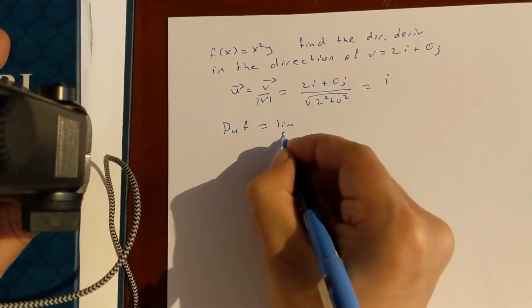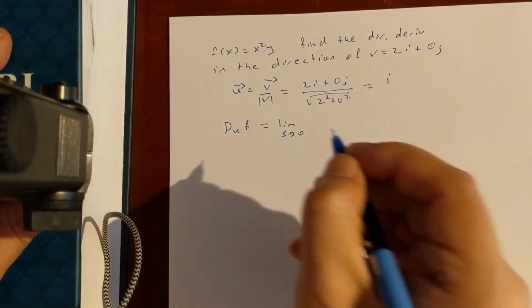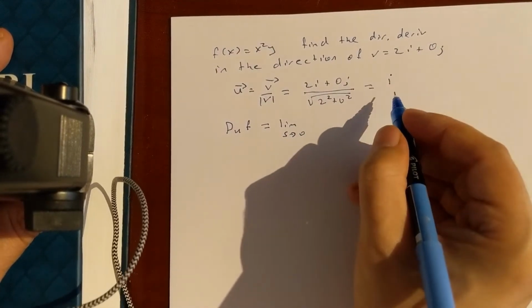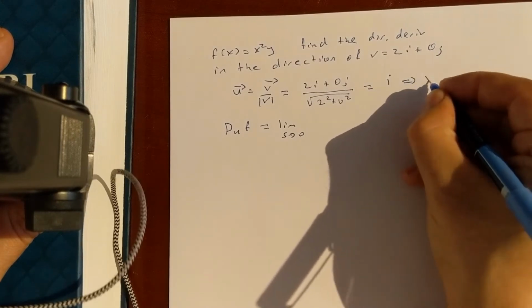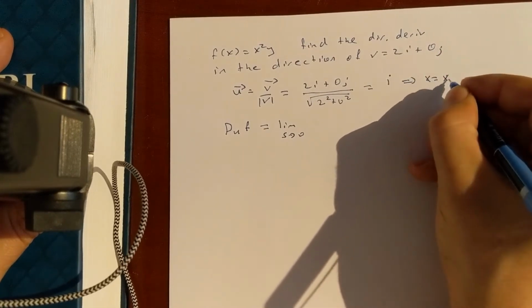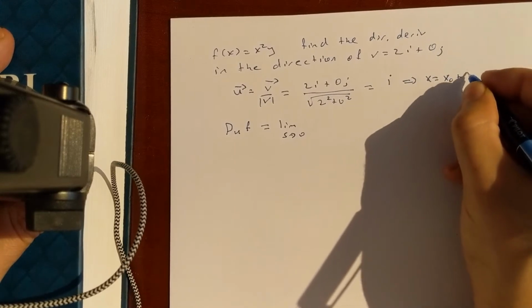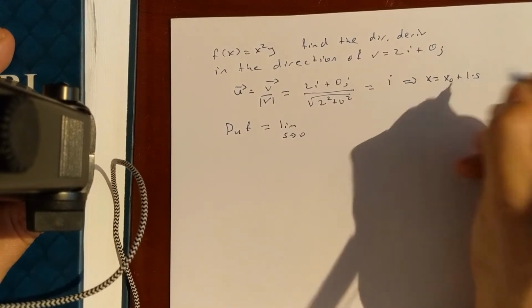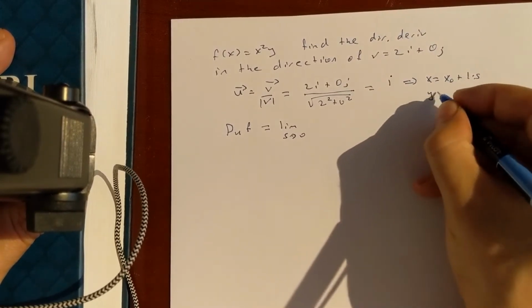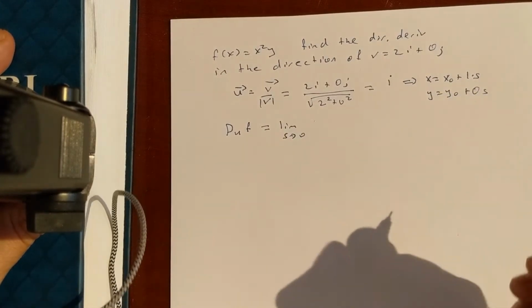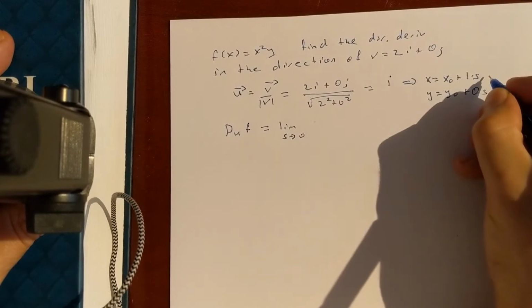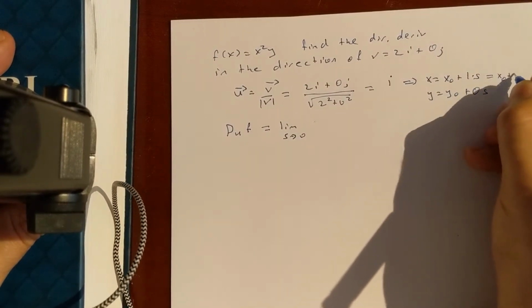We need to do the limit as s goes to 0. Notice that if I parameterize the line, it's just going to be x naught plus 1 times s, and y is just equal to y naught plus 0s. There is no component. So this is just x naught plus s, right?